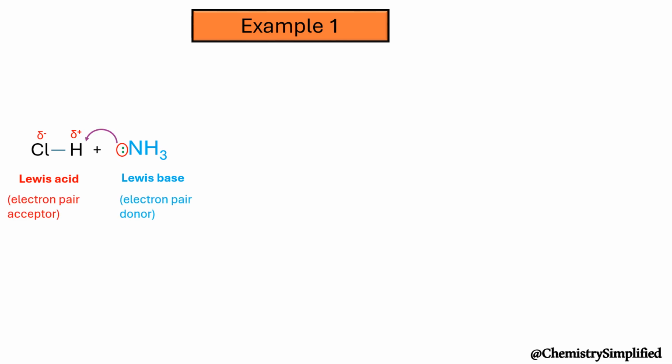Because ammonia is able to give away that electron pair, it's said to be a Lewis base. And HCl, hydrochloric acid, receives that pair of electrons, so therefore it's an acid because it accepts the electron pair. And this is the end product.